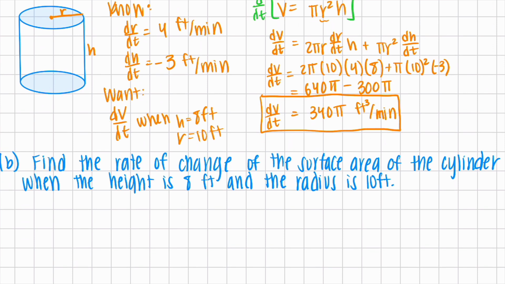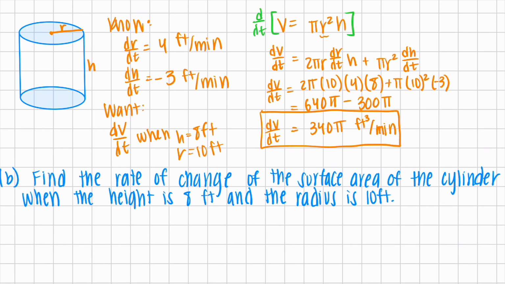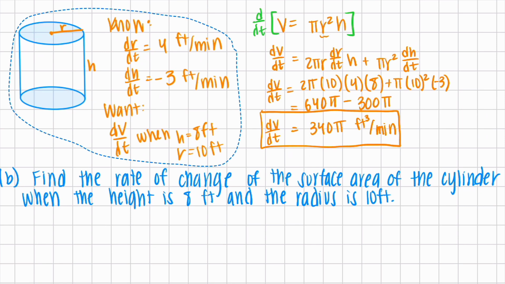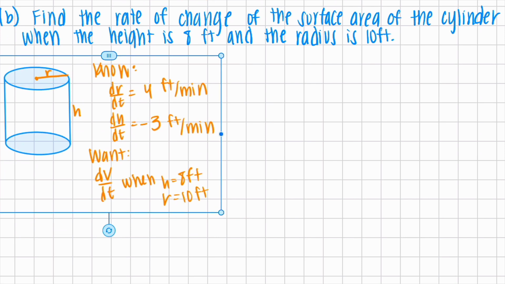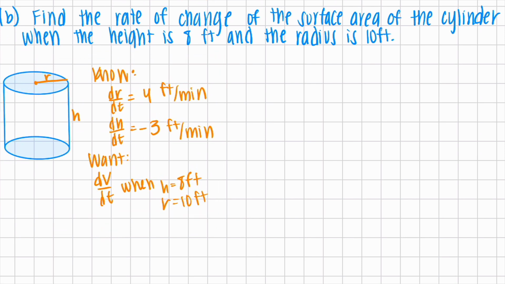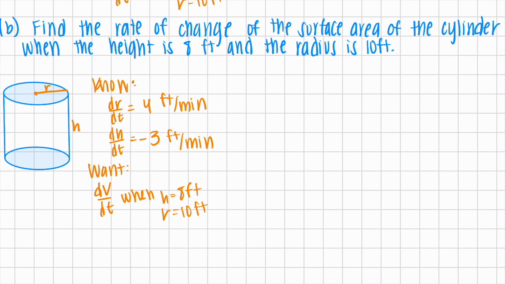We have the same scenario, but now it wants the rate of change of the surface area of the cylinder. So I'm going to steal this. Okay, and then instead of volume, we want surface area.